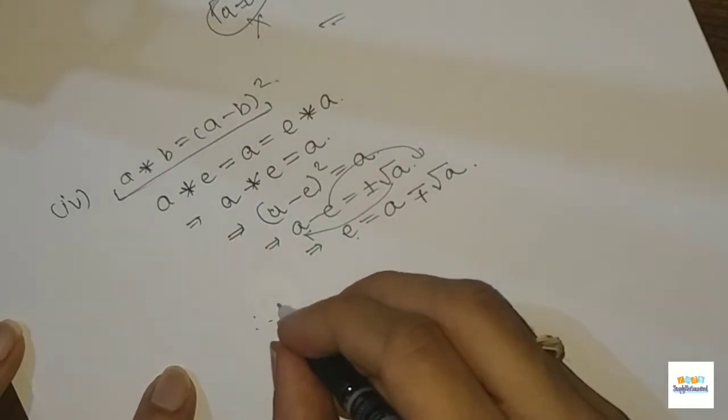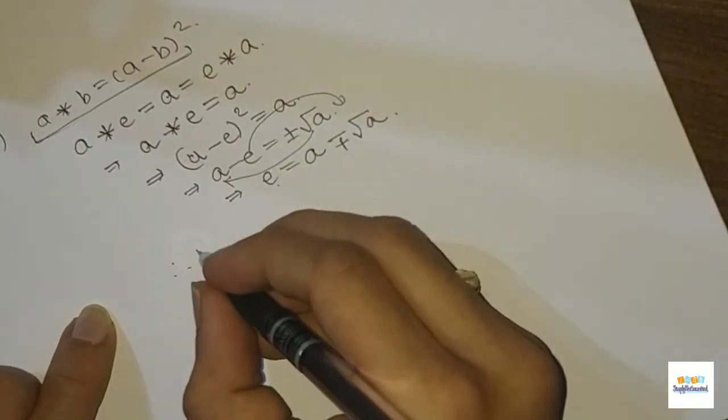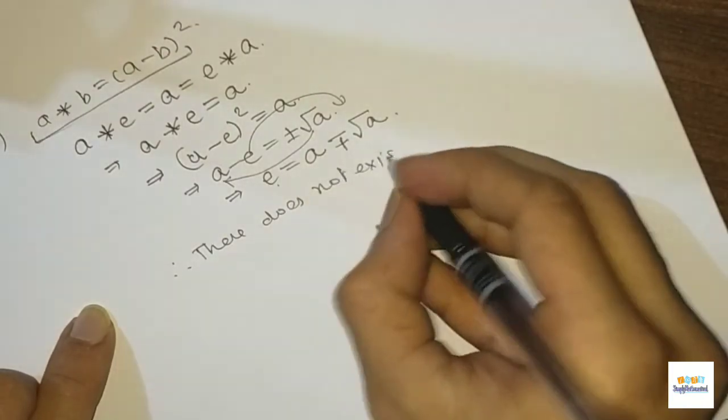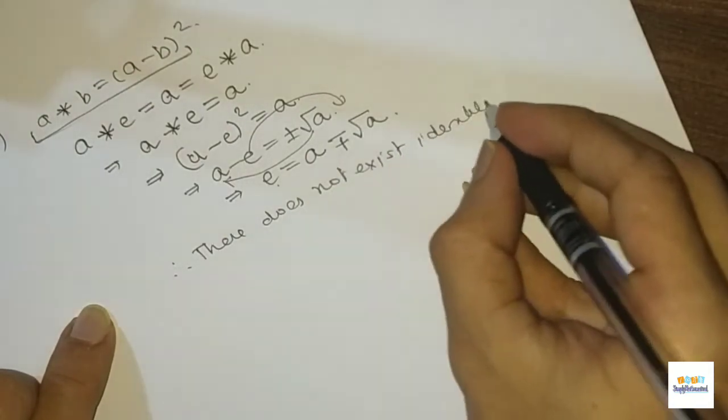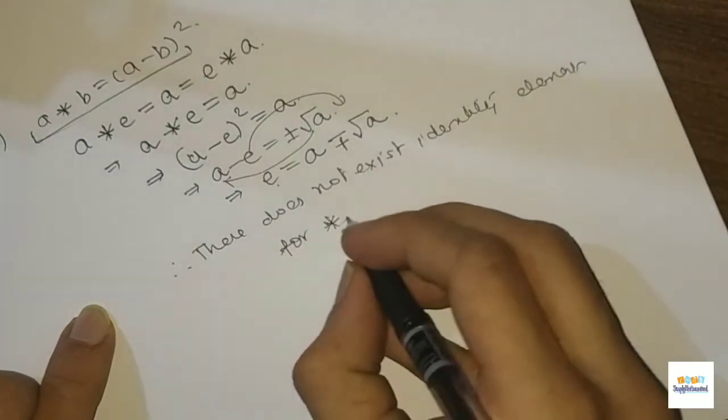Okay, therefore what you should write? There does not exist identity element for star.